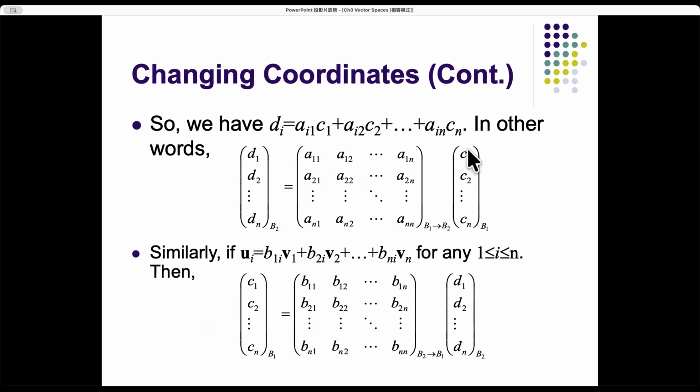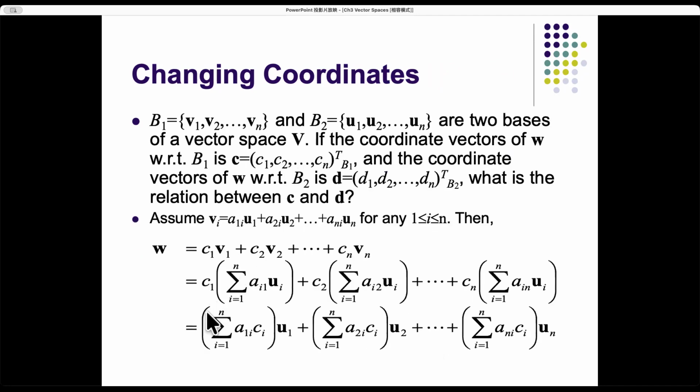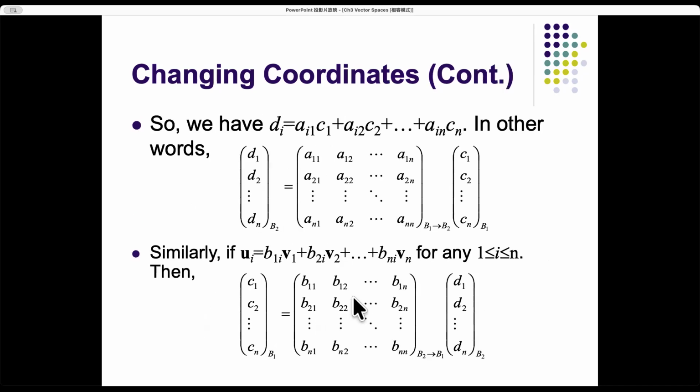This row times this column is D1, the second row times this column is D2, and so on.